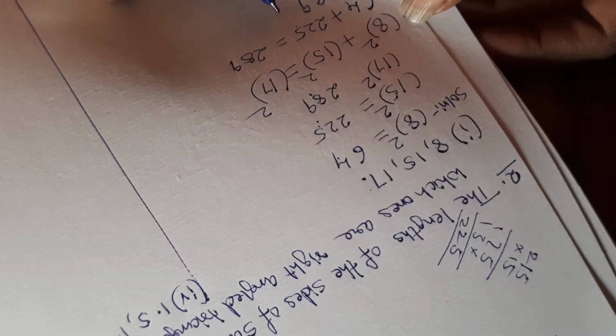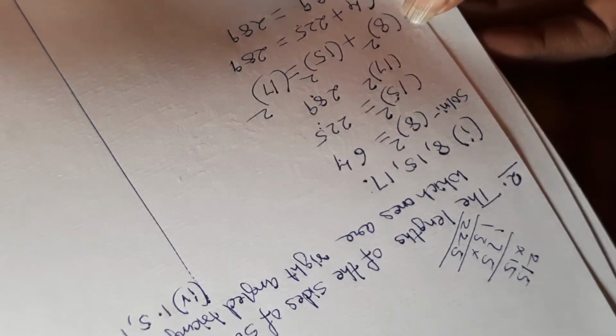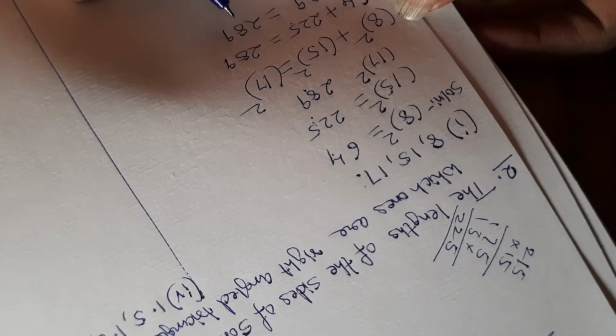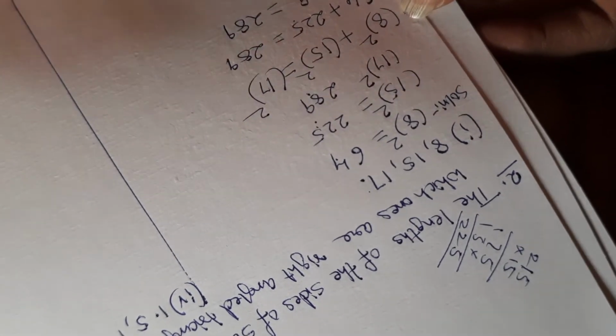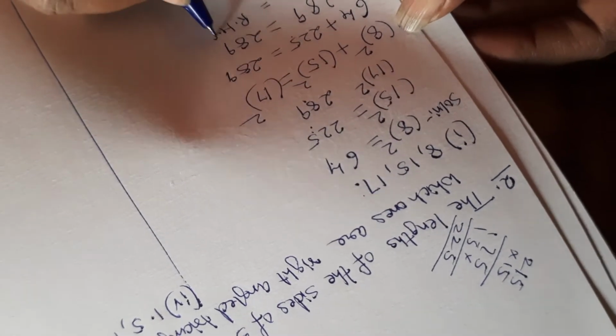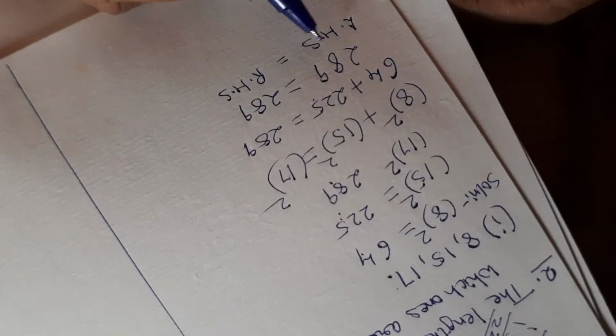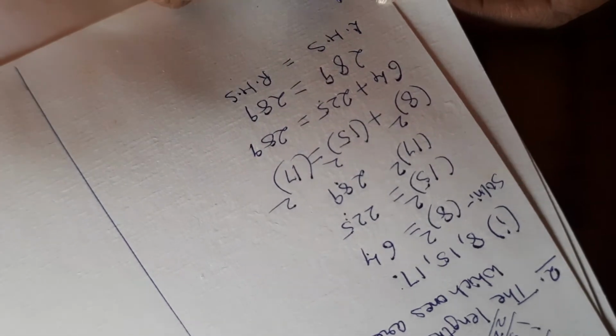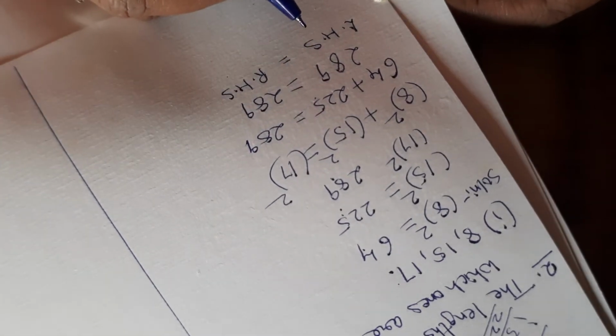And 2 is brought down. So of course, it's giving us 289 is equal to 289. That means left hand side is equal to right hand side. LHS is equal to RHS. Therefore, it is a right angle triangle.